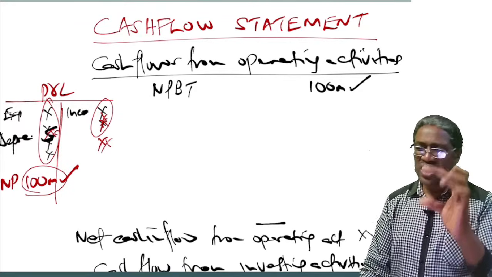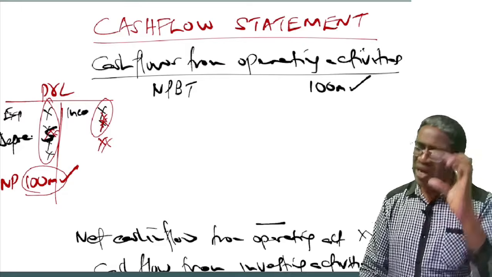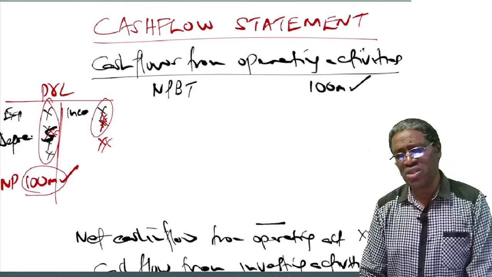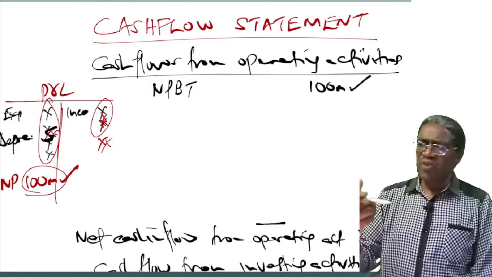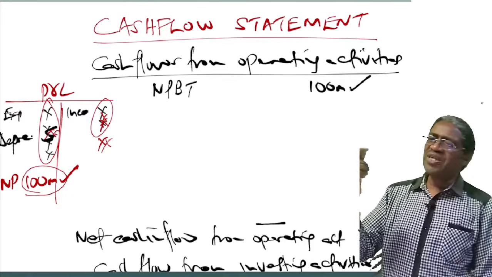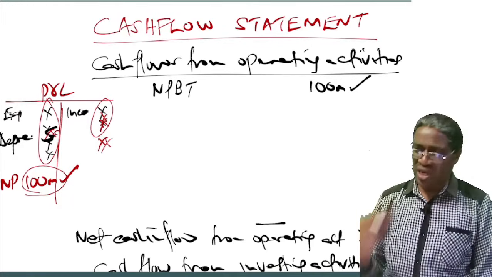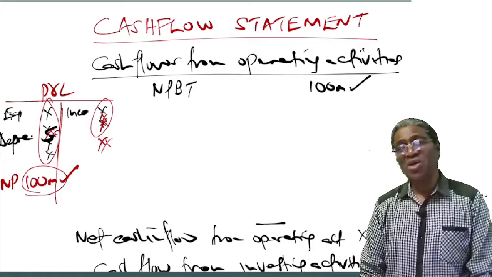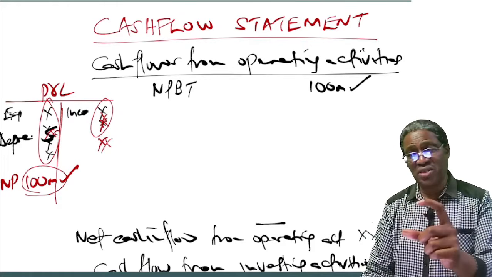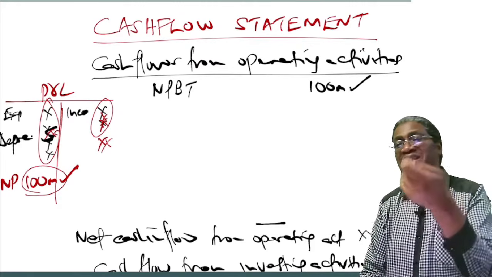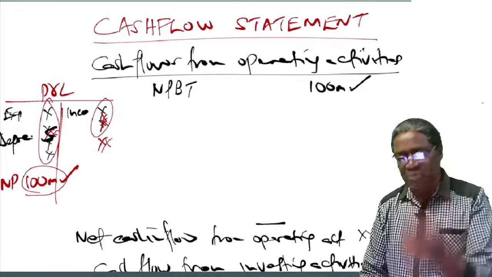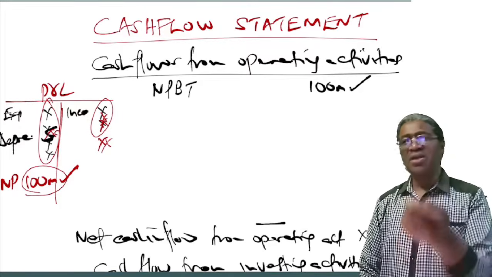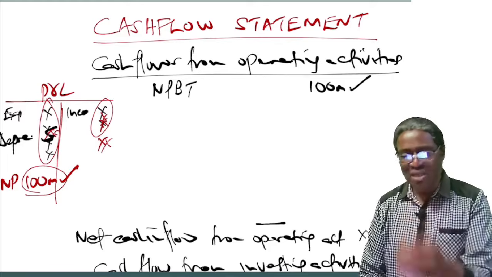So when we say that our expenses are overcasted, we need to ask ourselves, was my profit undercasted or overcasted? It is obvious when expenses are overcasted, your profit was undercasted.